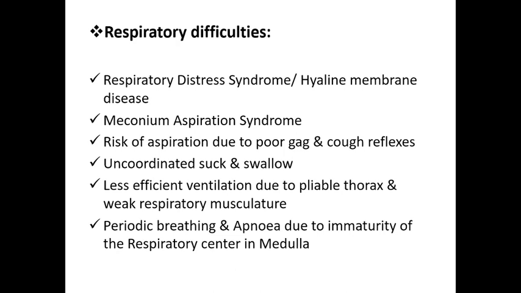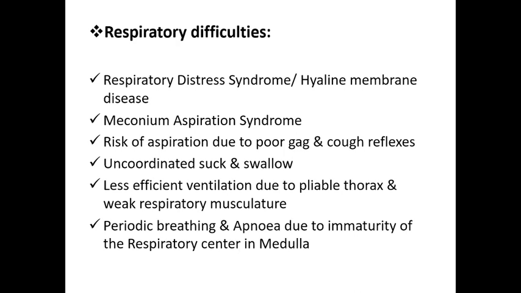Next, in newborn babies, the respiratory center, which is located in the medulla oblongata of the brain, is not properly matured, and as a result the respiration is not properly controlled.